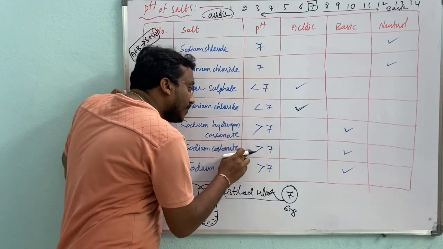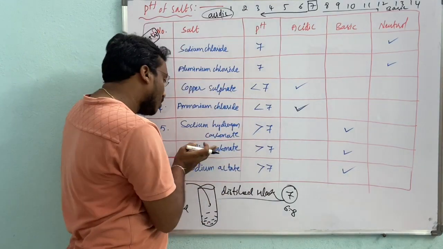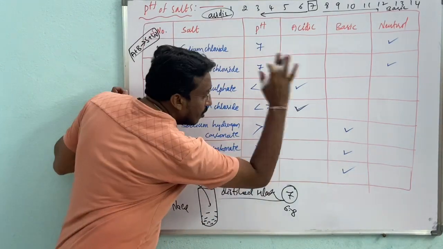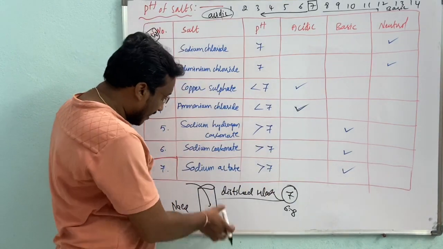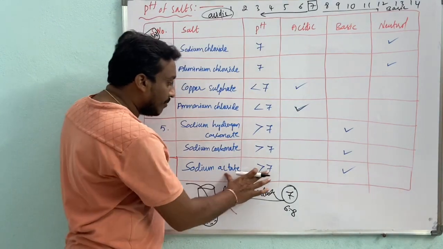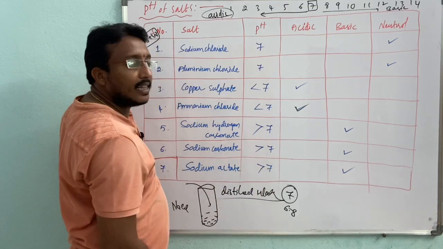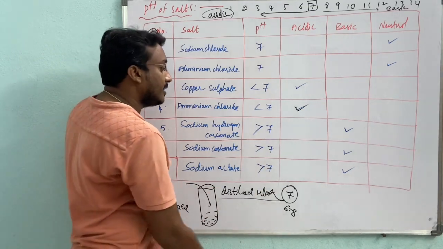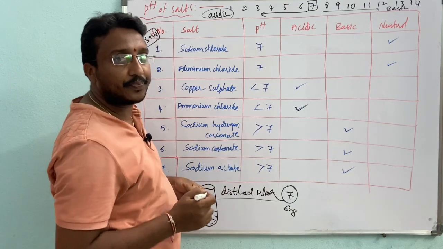Sodium carbonate's pH is also greater than 7. That means sodium carbonate is also basic in nature, like sodium acetate, right? Sodium acetate also has a pH greater than 7. That means it is also basic in nature, right?